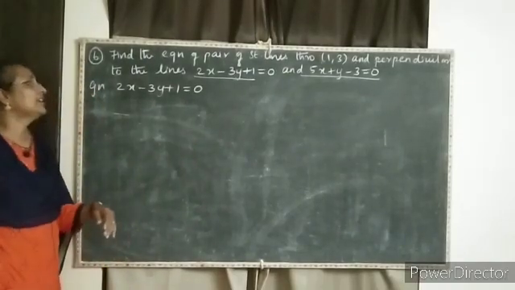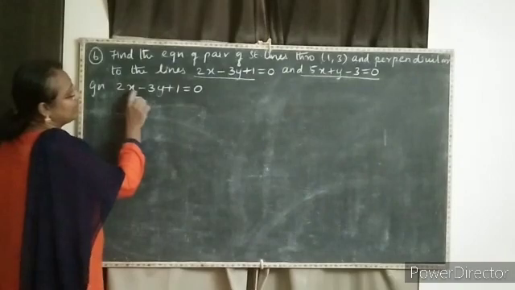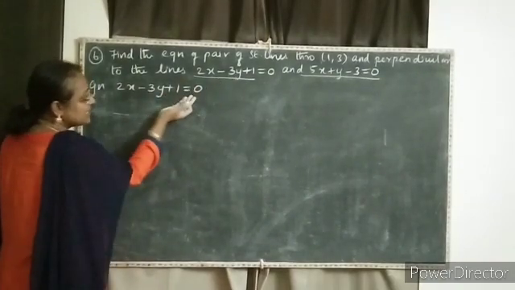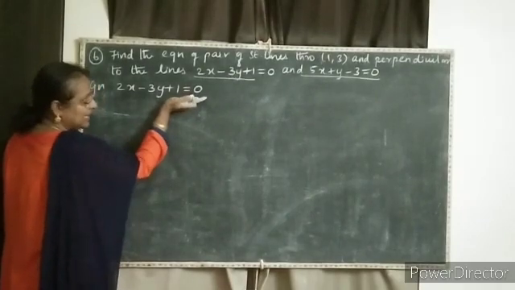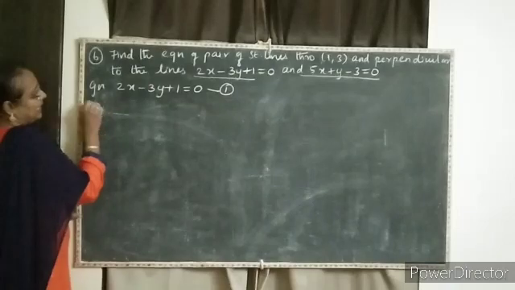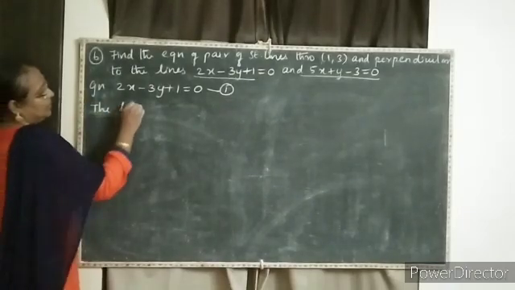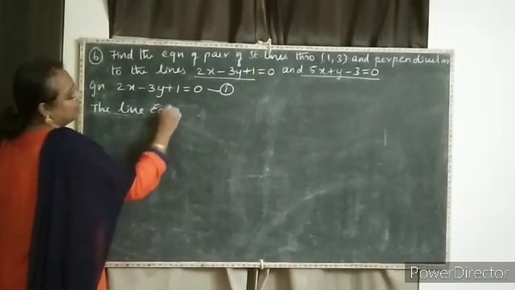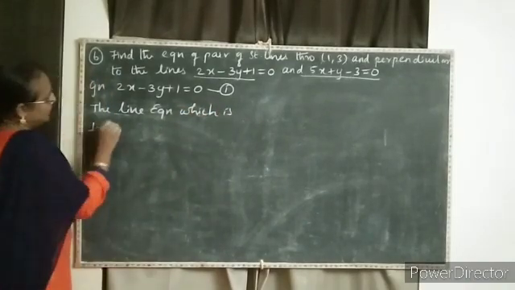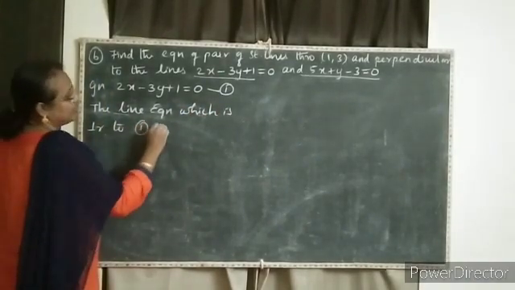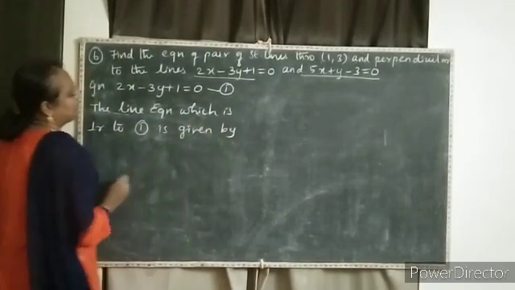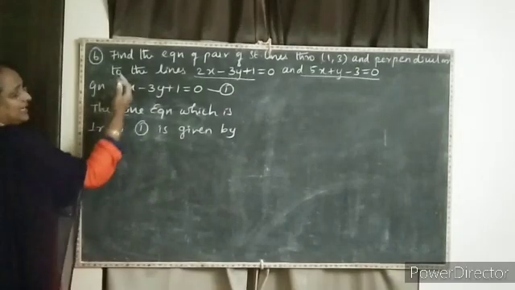So now given this is a straight line equation 2x minus 3y plus 1 equal to 0. The line which is perpendicular to this line, let us take it as 1. So the line equation which is perpendicular to first equation is given by, now we are going to interchange, isn't it?